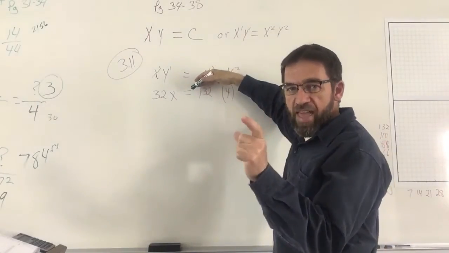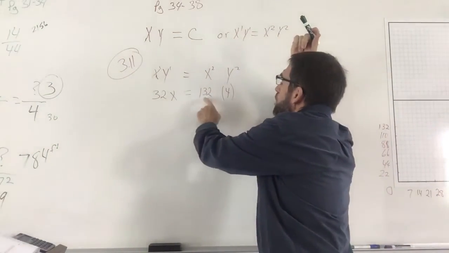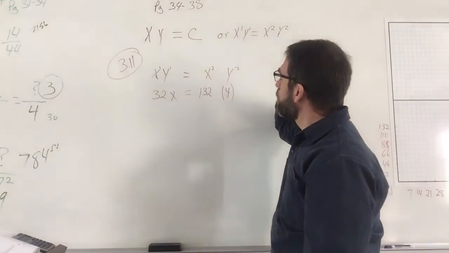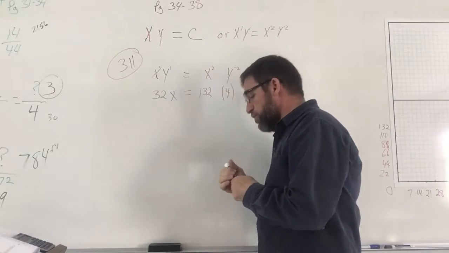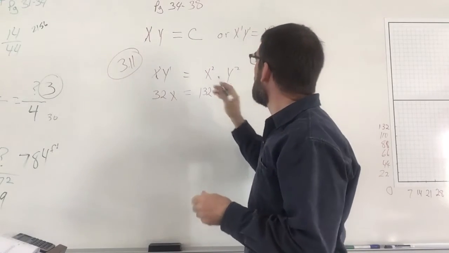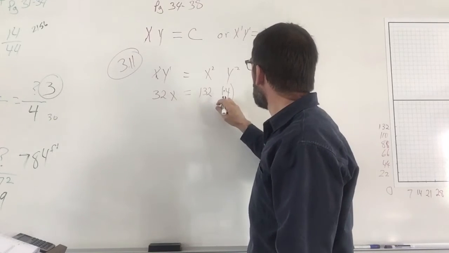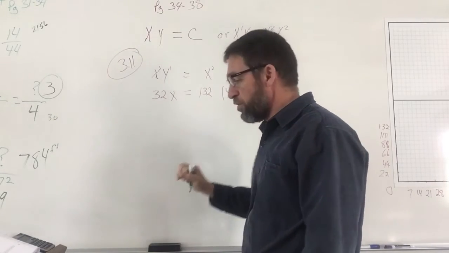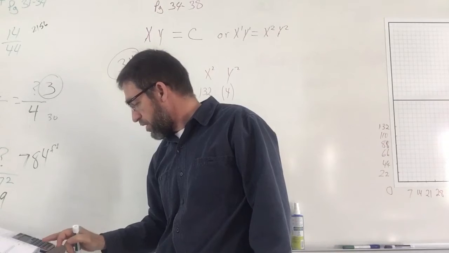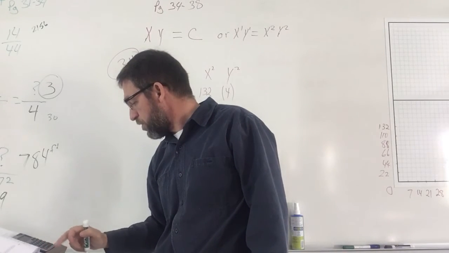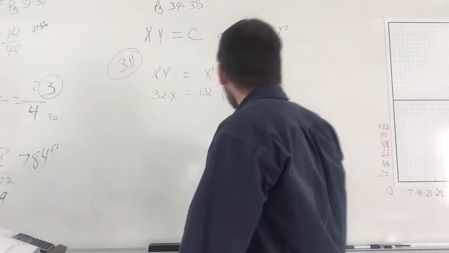The ones that I have is 4 times 132. That's the variation I have. So it means the opposite. As one gets bigger, the other will get smaller. So here, I have to multiply 4 times 132. Again, I'll do that on my calculator. 4 times 132 equals 528.